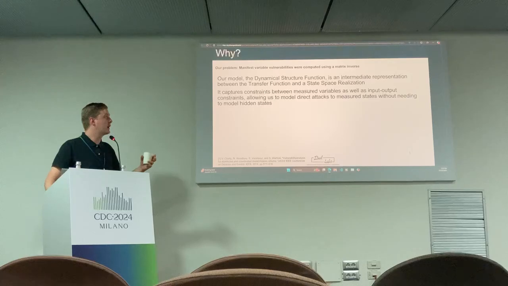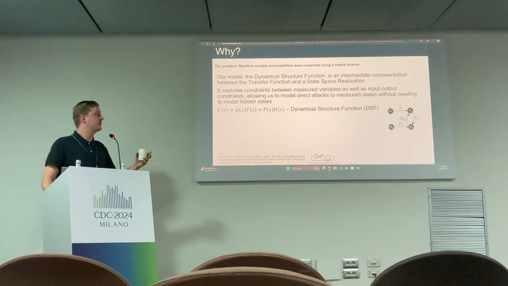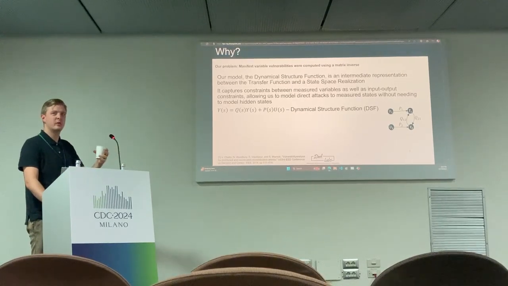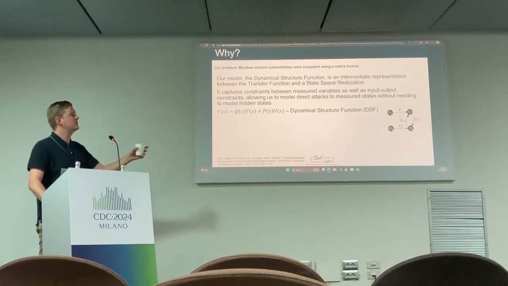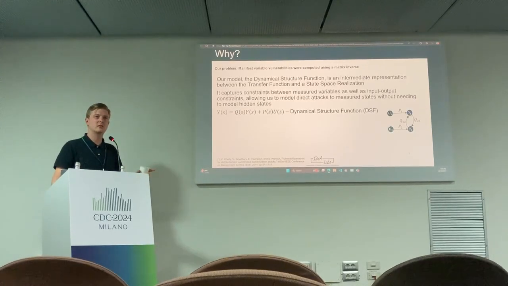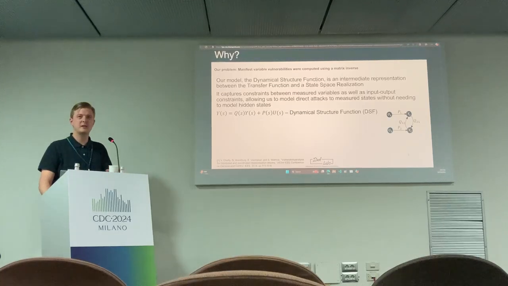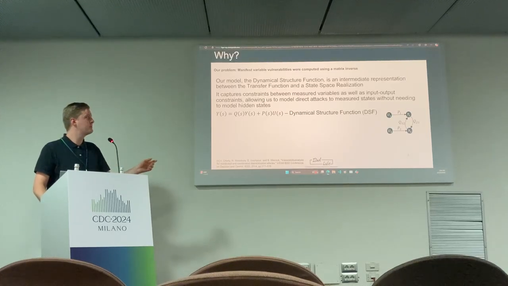We have a model in our lab called the dynamical structure function, which is basically an abstraction of systems where we have some set of inputs and some set of measured states, but we don't care about the hidden states. This allows us to model the signal structure, the interconnection between the measured states, in such a way that an attack, which directly writes to the measured states, can be propagated, and we can simulate the effect of that signal on the other measured states.